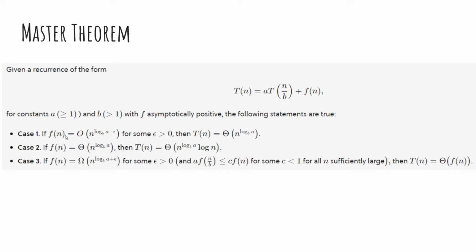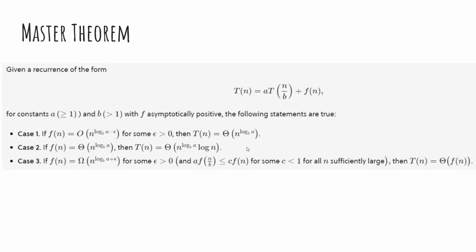One of the cases is when f(n) = O(n^(log_b a − ε)). What this means is that n^(log_b a) is asymptotically bigger than f(n).